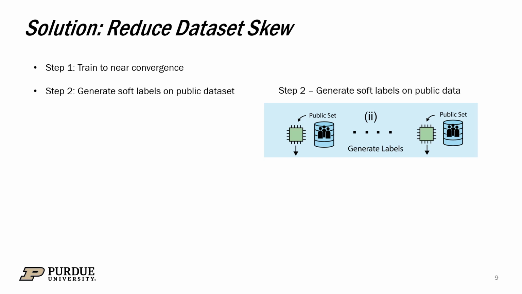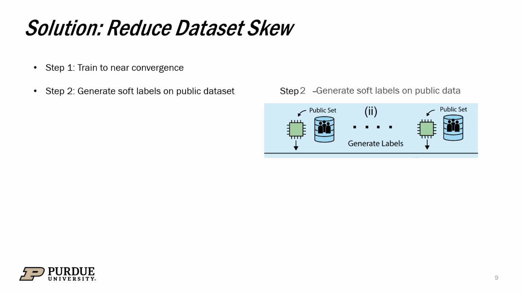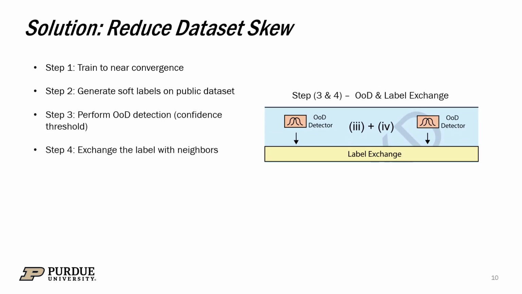Soft labels are labels with not just class information, but also probability information. Next, we perform OOD detection on the public images, after which the soft labels generated on these public images are exchanged with the neighbors.